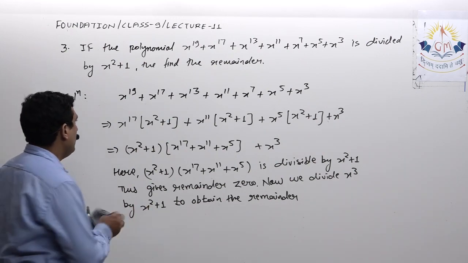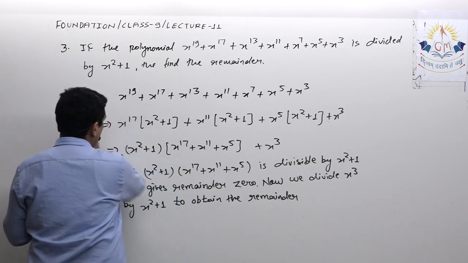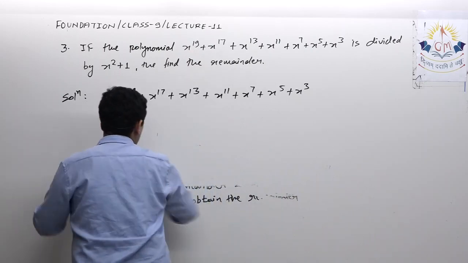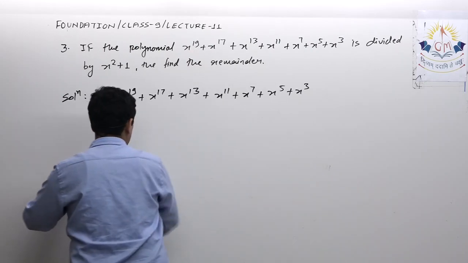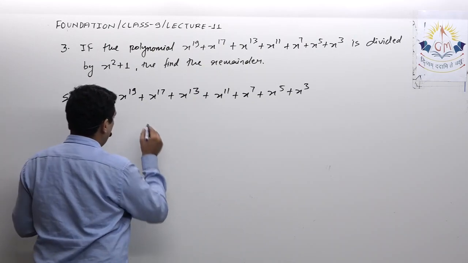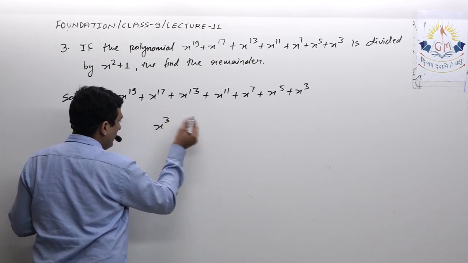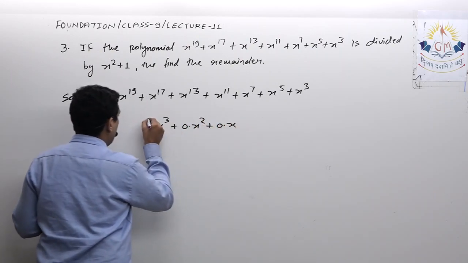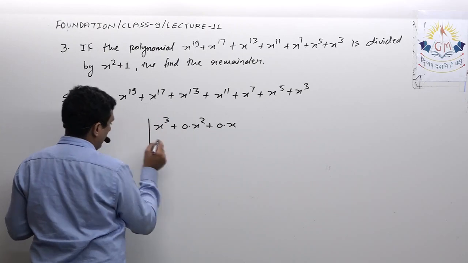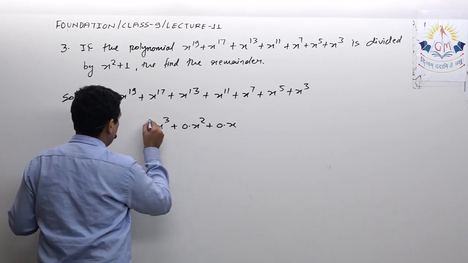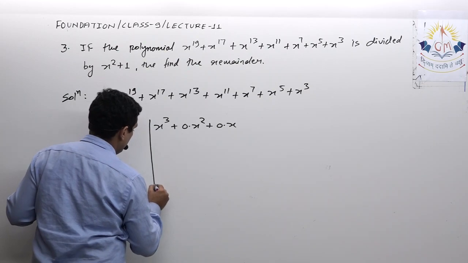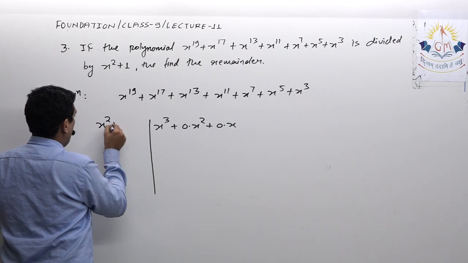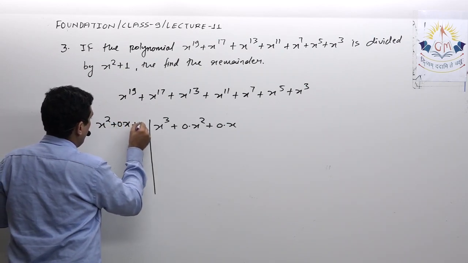Okay, now let us see the remainder when we divide x cube by x square plus 1. We'll do it by the long division method. We have to divide x cube, but I write 0x square plus 0x, and I divide this by x square plus 0x plus 1.